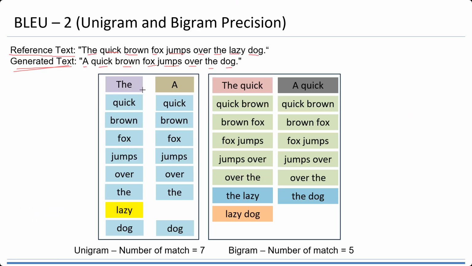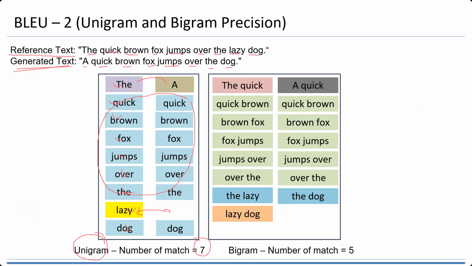Then you can do again like what we did before. If we do with the unigram, it means we do with one word. So, the quick brown fox jumps over the lazy dog. The blue color means this is the overlapping. This is not the same, and there is no word lazy. So the number of matches is 7 for unigram.